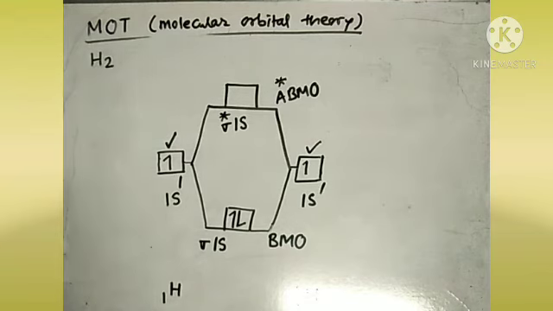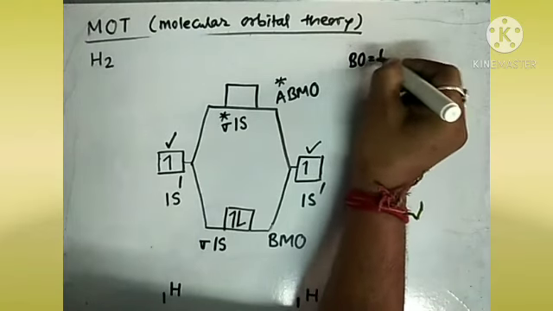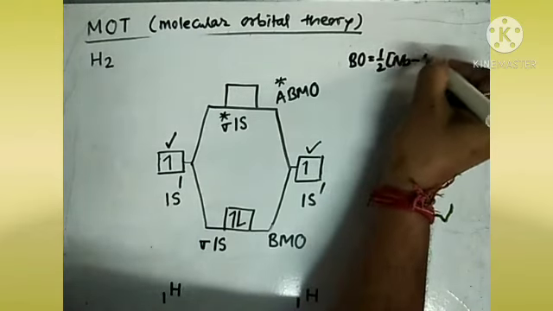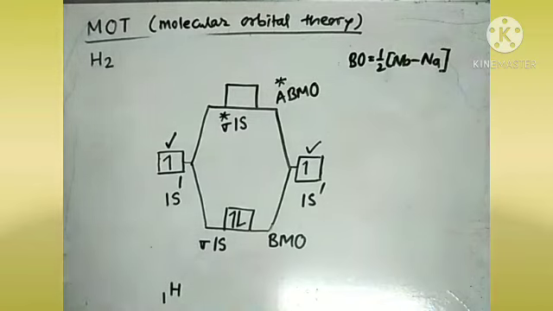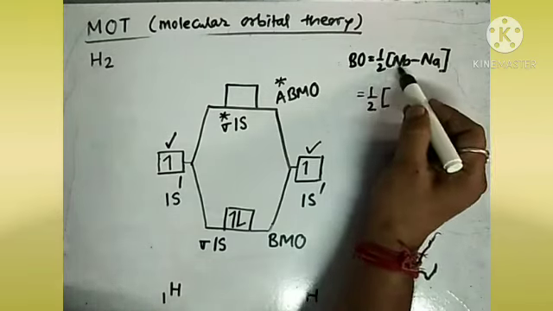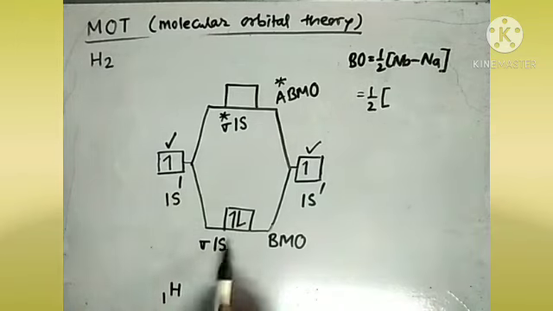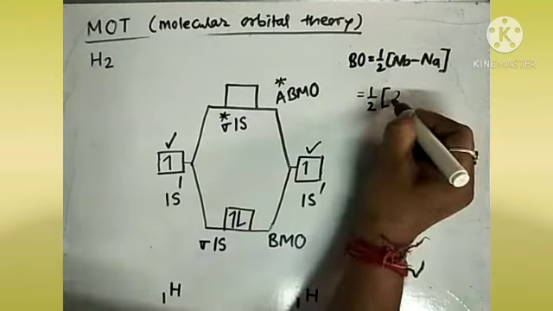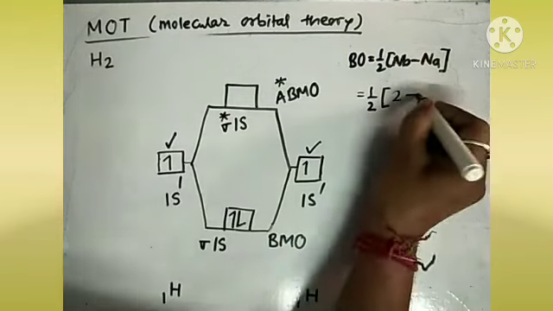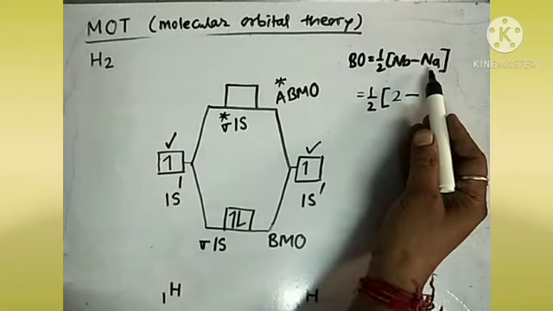Now let's see what the bond order will be. The bond order is 1 by 2 times (Nb minus Na). This is the formula. So we go for 1 by 2 here. Number of electrons in bonding molecular orbital, that is Nb. Here we have 2 electrons in bonding molecular orbitals, so we place 2 here, minus the anti-bonding molecular orbital, which contains how many electrons?